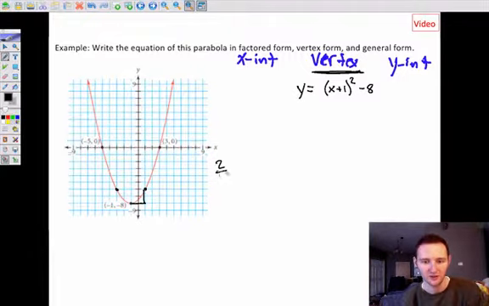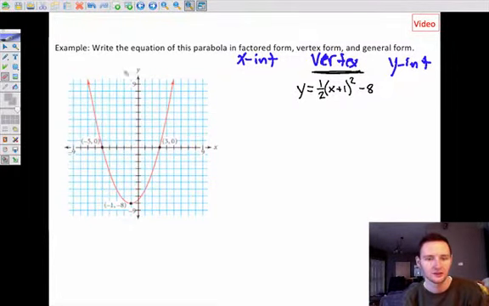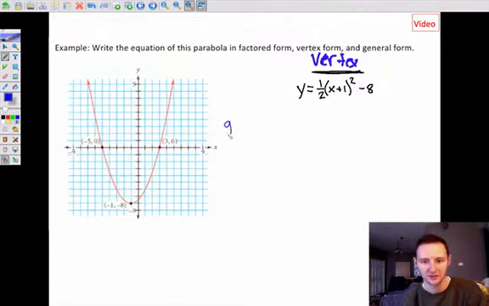So this would be 2 over 4 or 1/2 for the scale factor. Okay, so there's our vertex form. We'll do general form next.